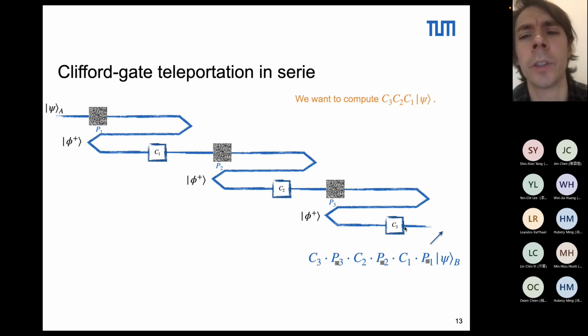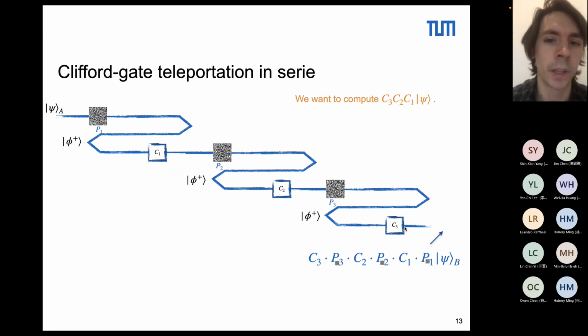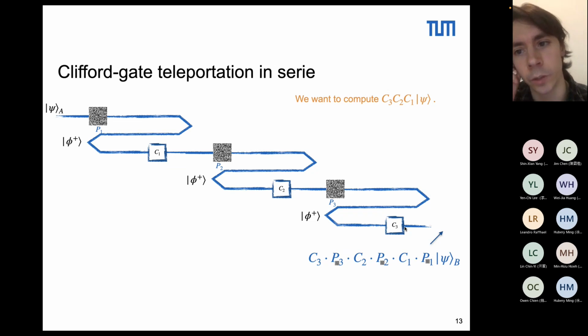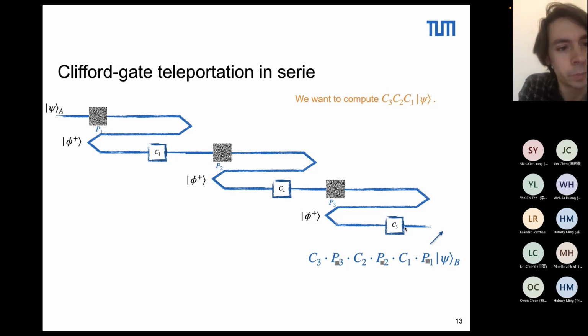So why is it important? Let's say that we want to compute a circuit of multiple Clifford gates applied on a state, one after the other. So we want to compute C3, C2, C1 applied on psi. Then we start with psi, which is arbitrary and can even be unknown.